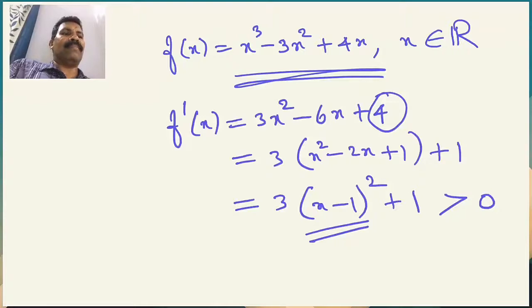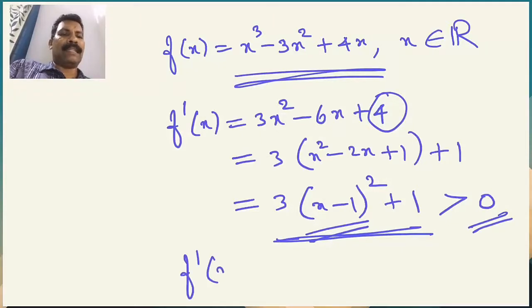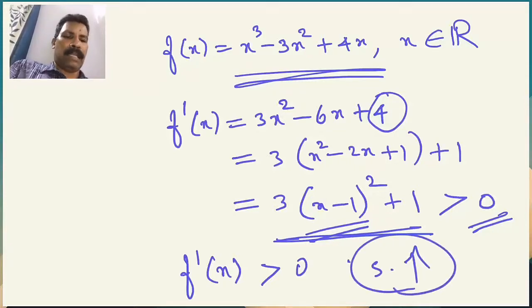So plus 1 is there, therefore the total value f dash x will be positive. That is, f dash x positive means you can conclude that the function is strictly increasing.